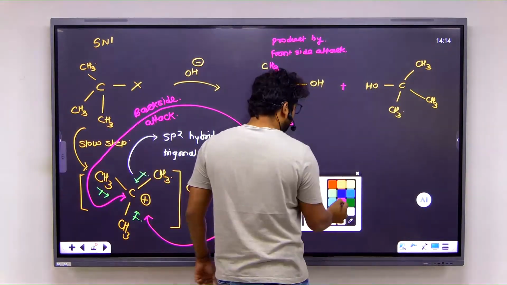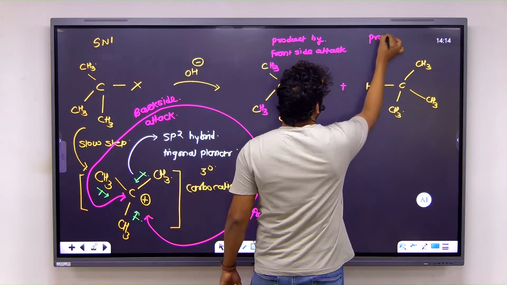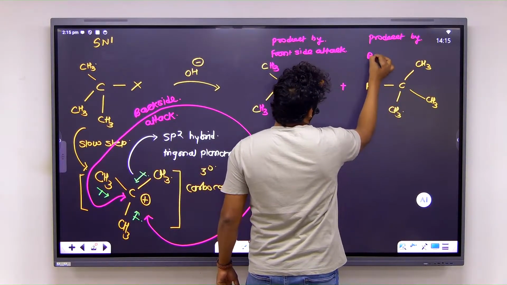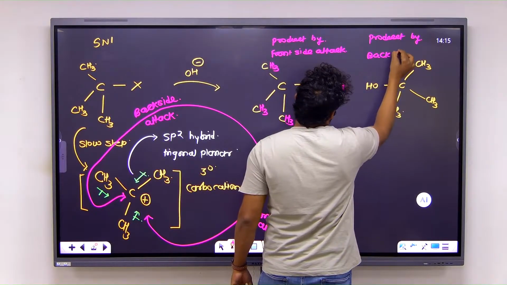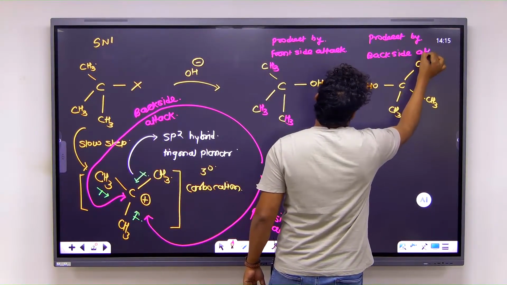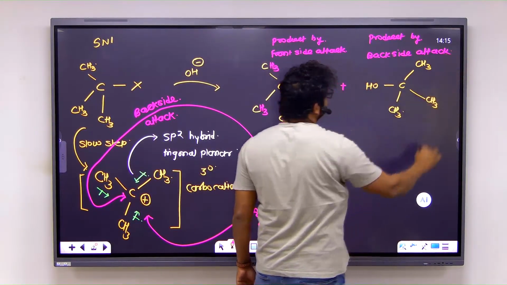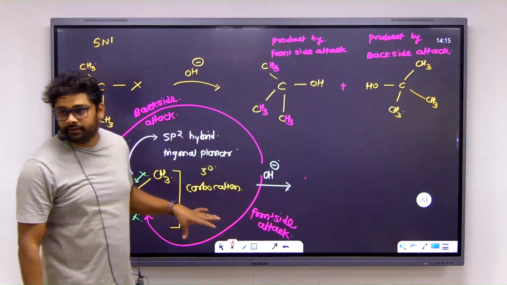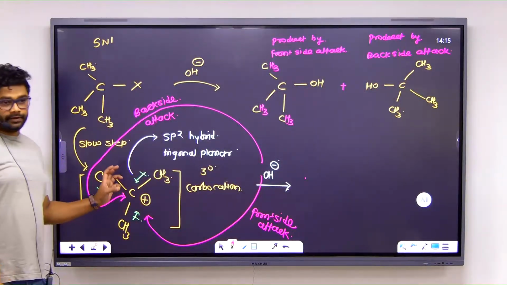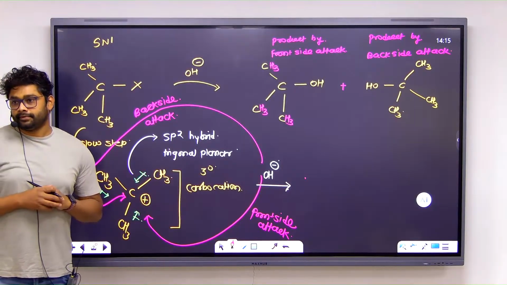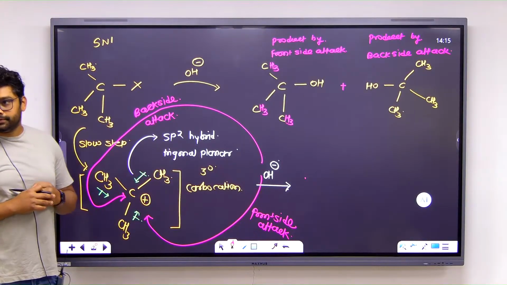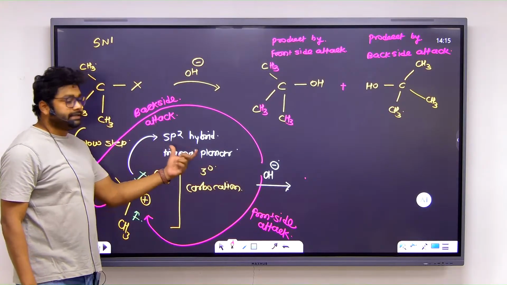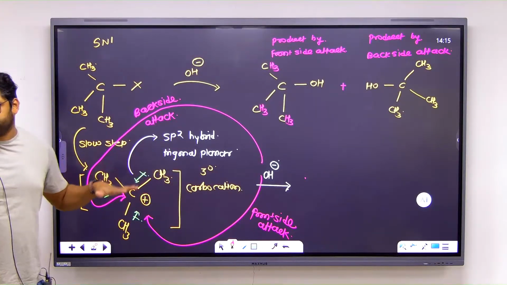This one is your product by a backside attack. So my question is, why are two types of attacks possible? And the answer is what? Hybridization of carbon. Due to the hybridization and geometry, both types of attacks are possible.